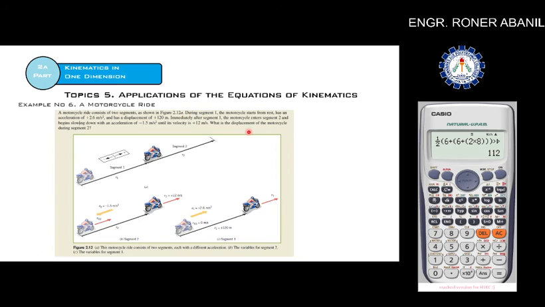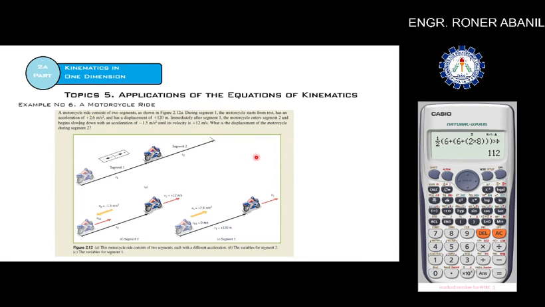Immediately after segment 1, the motorcycle enters segment 2, slowing down with an acceleration of negative 1.5 meters per second squared until it reaches a velocity of 12 meters per second.